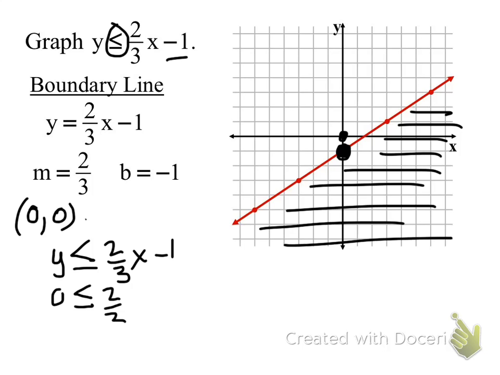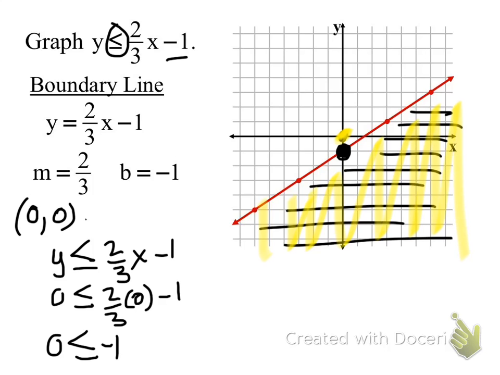2 ways to identify the shaded area. So here's the basic rule. Please write this down. This is assuming it's touching the y. To shade up, touching the y should be greater than or equal to if it's solid.